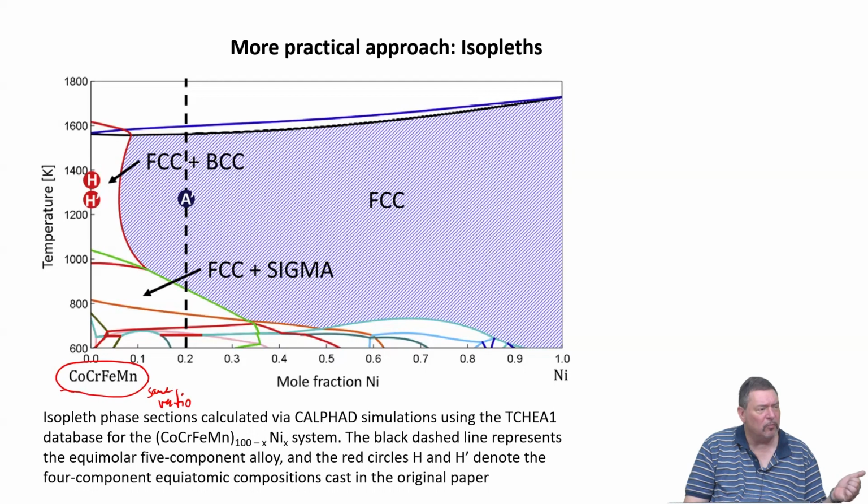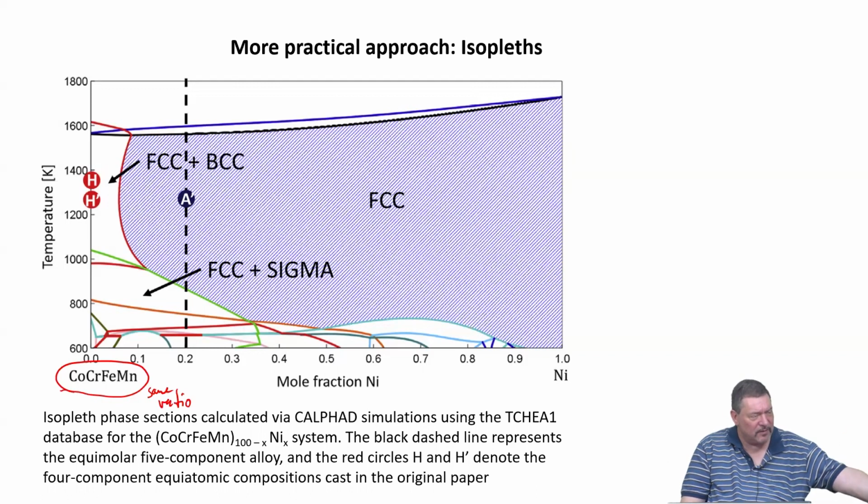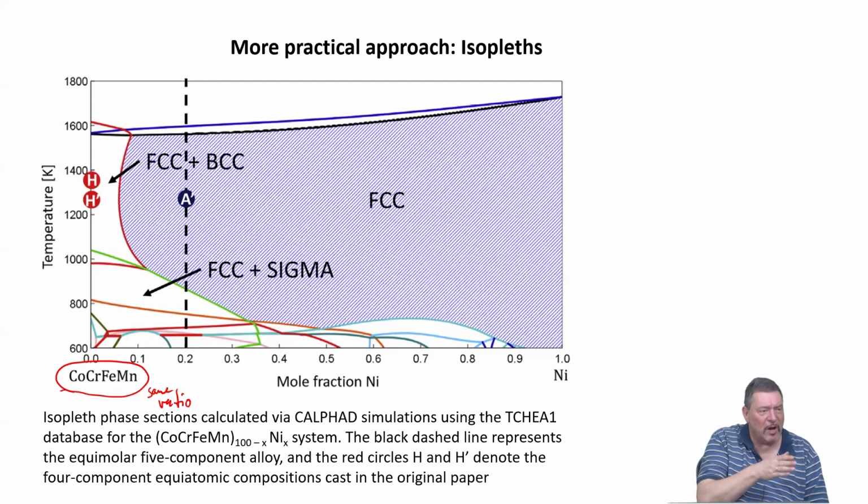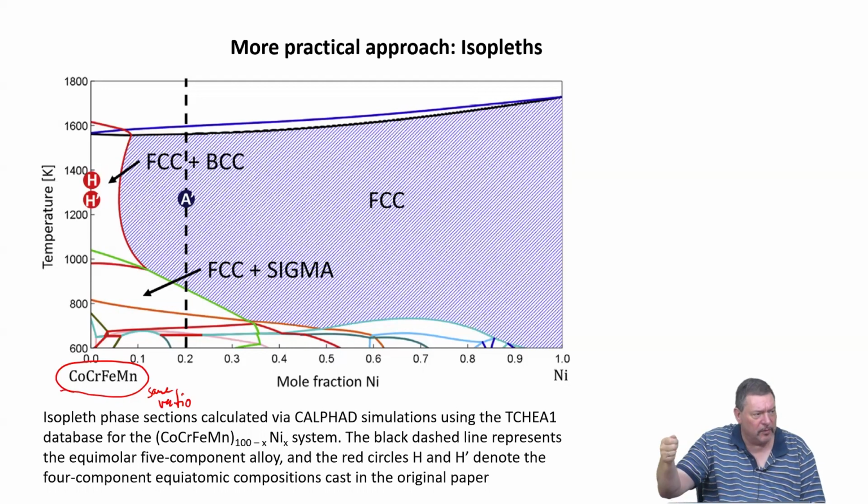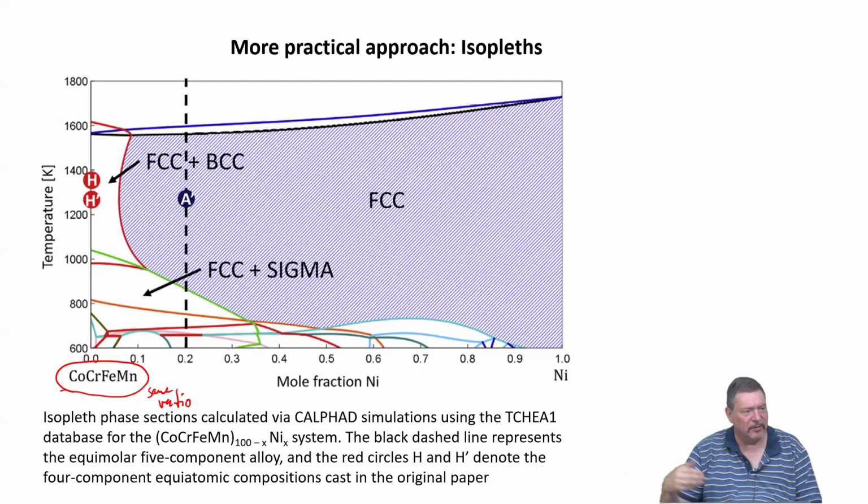So it could be cobalt 1, chromium 1, iron 1, manganese 1 atomic percent, or it could be cobalt 10, chromium 10, iron 10, manganese 10, but it's always that they are the same.